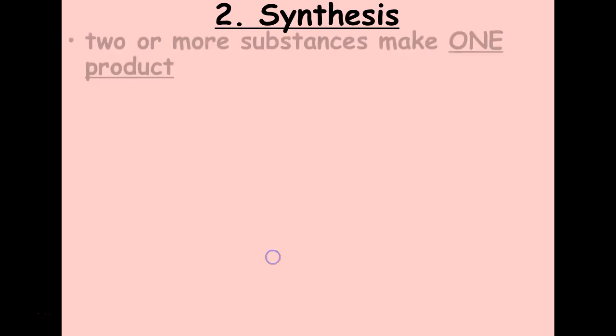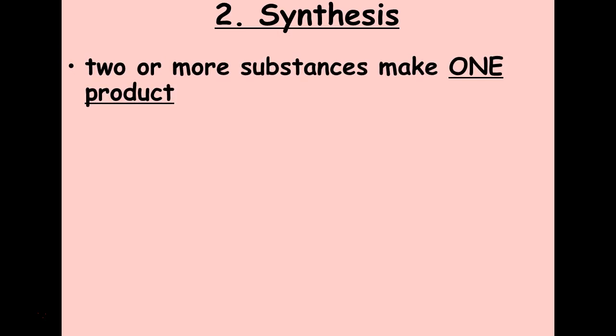The next one in that gray box, I want you to write the word synthesis. And in synthesis, 2 or more substances make one. So where it says only blank is made, that's only one substance.